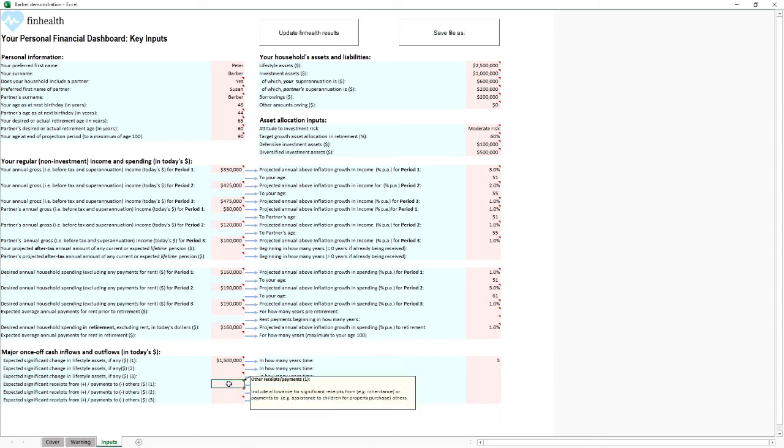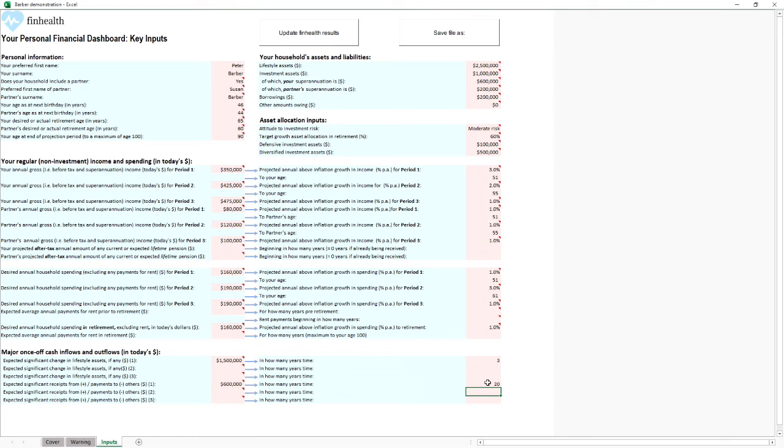And 2, an allowance of $600,000 in 20 years' time, acknowledging the prospect of inheritances from parents at some time in the future. Again, please look at the Using the finhealth software ebook for further discussion of large once-offs that for many have a major impact on expected future savings and investment wealth accumulation.